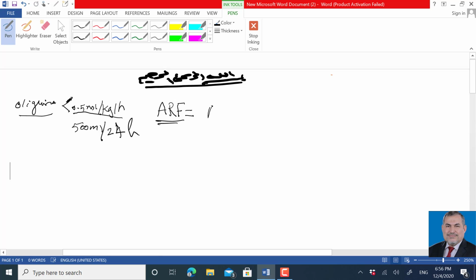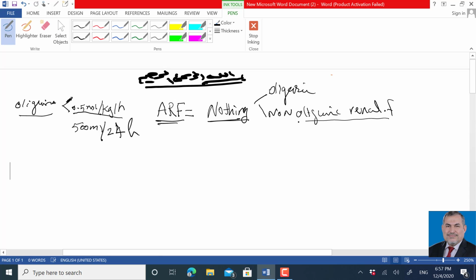It indicates nothing regarding the urine output because it is possible to have oliguric or non-oliguric renal failure. We have oliguric and non-oliguric renal failure. So it means nothing about the urine output in acute renal failure. Okay?